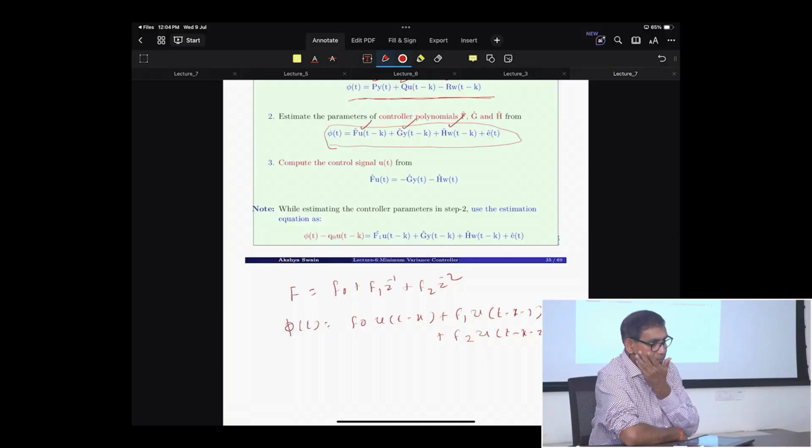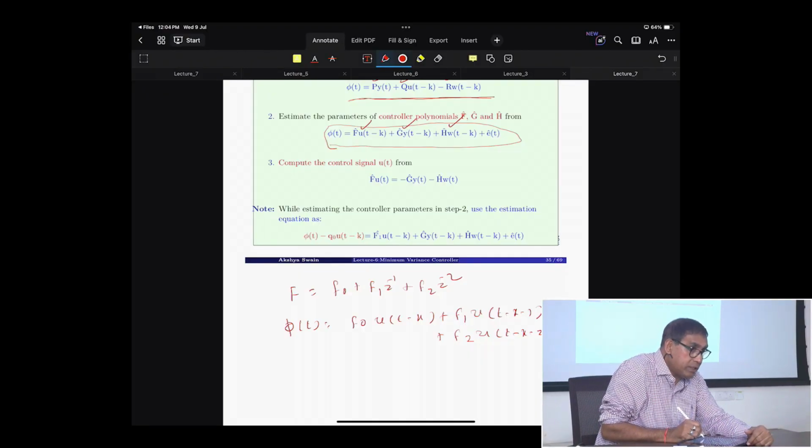Any problem? The first term, F cap u t minus k. Suppose F is equal to F0 plus F1 z to the power minus 1 plus F2 z to the power minus 2. So phi t is equal to F cap times u t minus k, that is F0 u t minus k plus F1 u t minus k minus 1 plus F2 u t minus k minus 2, right?